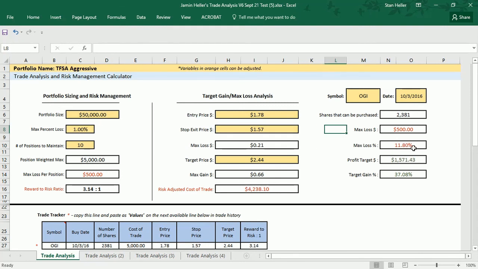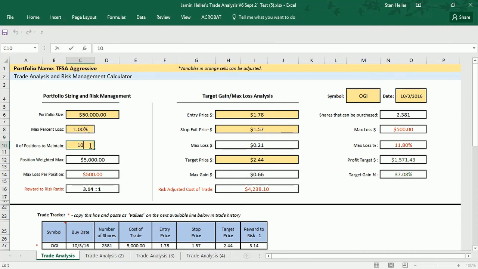And that brings our maximum loss down to 11.8%, which perhaps for some traders is more manageable from a peace of mind point of view. Our maximum loss per position is still $500, so we're well within that. We can spend more on this trade, buy more shares, because we're still going to be within the $5,000 that we have for the portfolio weighting.